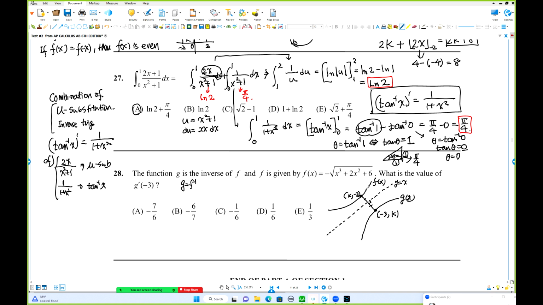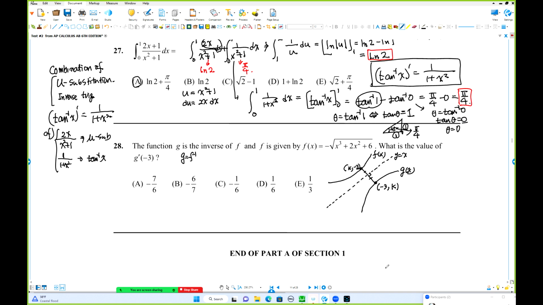That's right. But from here, what's the rule? Do you remember? g prime of -3 equals what? What's the formula? Reciprocal, right? The corresponding side f prime of k, isn't it? The derivative at x equal to k is the slope.